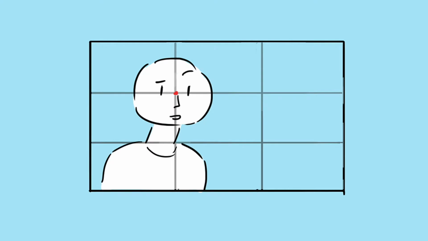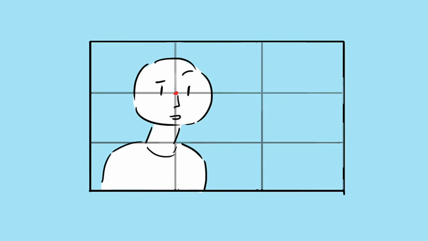So right now we have an example here with a medium close-up shot of someone, right? And the reason this composition is pleasing to the eye is because it's on that point. The person's face is on that point, and we want the audience to look at that person's face, right?